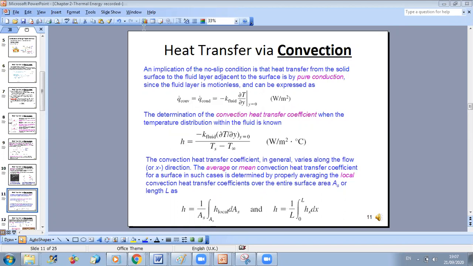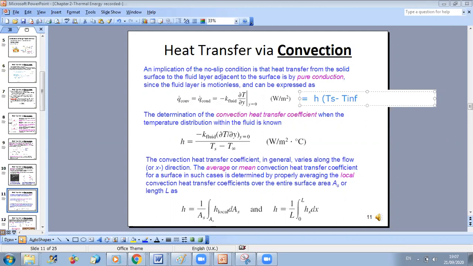It is equal to the convective term. So this is equal to the convective flux, which is h times, because here we are calculating the flux per meter square, it's watt per meter square. So we just multiply h by delta T, which is T surface minus T infinity.